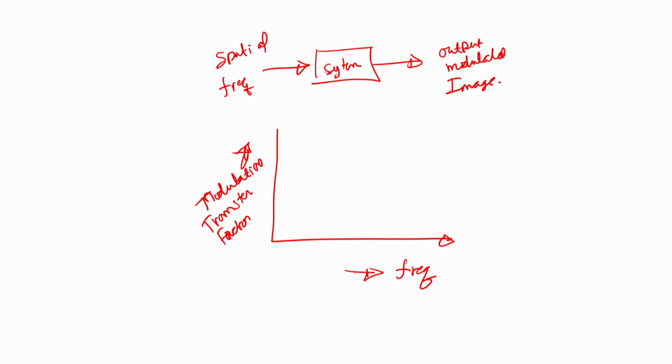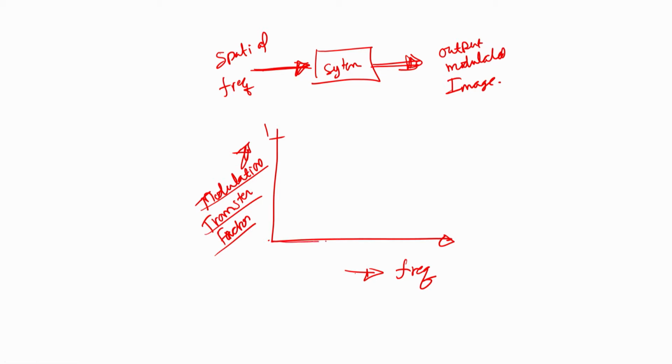So, a system transferring the modulation of the given input to the output, if it is completely transferring, then it is, let us say, number 1. If it is reducing, then it may be lesser than 1. So, let us plot the modulation transfer factor in the y axis.